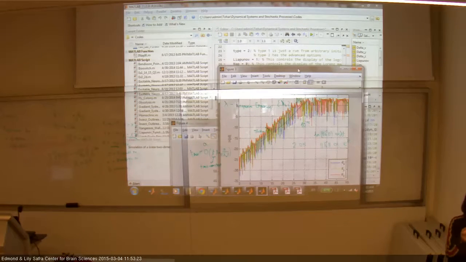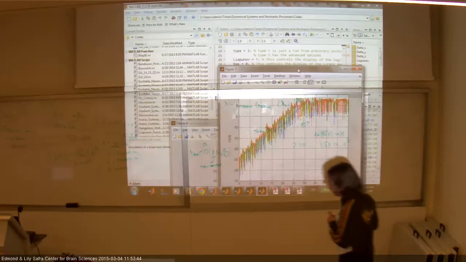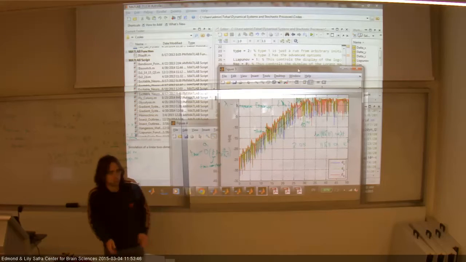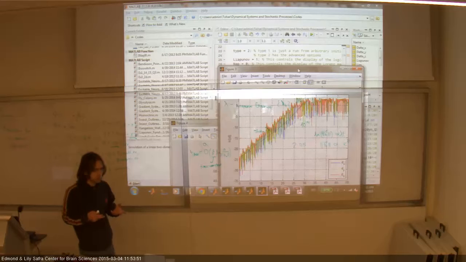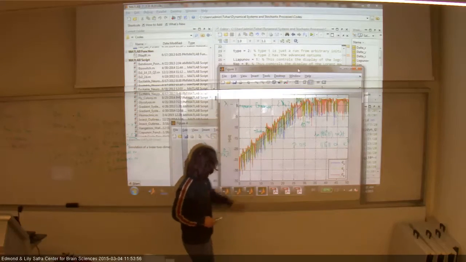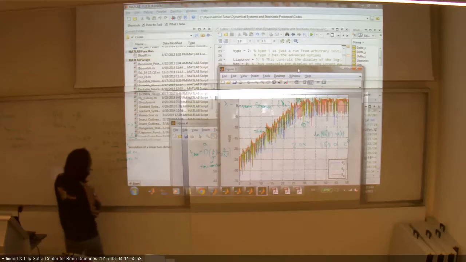I take dt equals 10 to the minus 4 or so. Okay. Each dt is a step in the numerical simulation. And I try to make it as small as possible, remember, as if it's not discrete, exactly. But the units of time are not dt, they are these. Okay. And this has to do with the non-dimensionalization, for example.